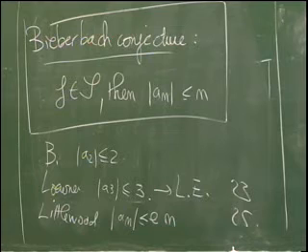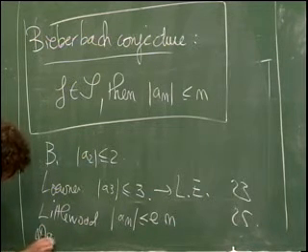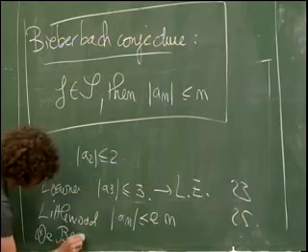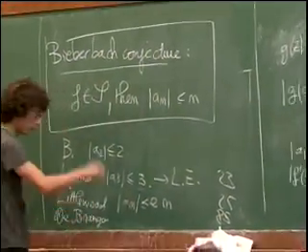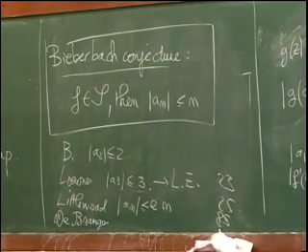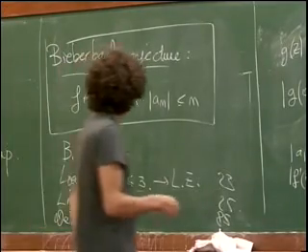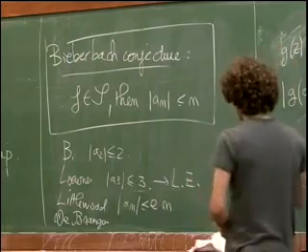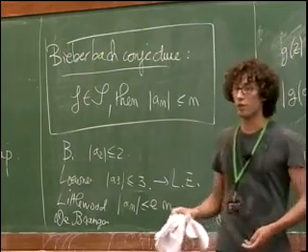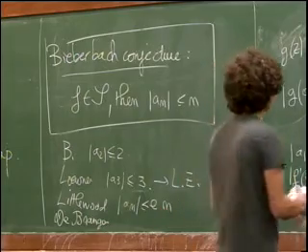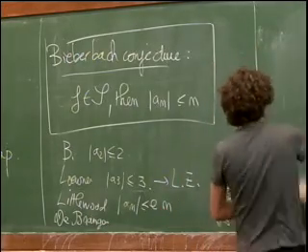Some people improved that, but finally it was de Branges in 85 who proved the complete conjecture. So now it's a theorem. And he also uses Loewner evolution. So that was for the story.